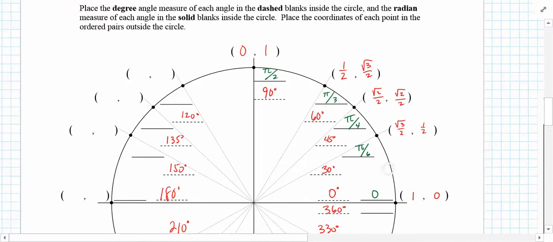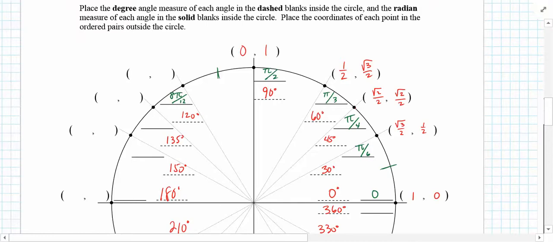So remember, we had 1 pi over 12 in this spot, 2 pi over 12, 3 pi over 12, 4, 5, and this would be 6 pi over 12, or reduced to pi over 2. This position would be 7 pi divided by 12, therefore this one is 8 pi divided by 12.